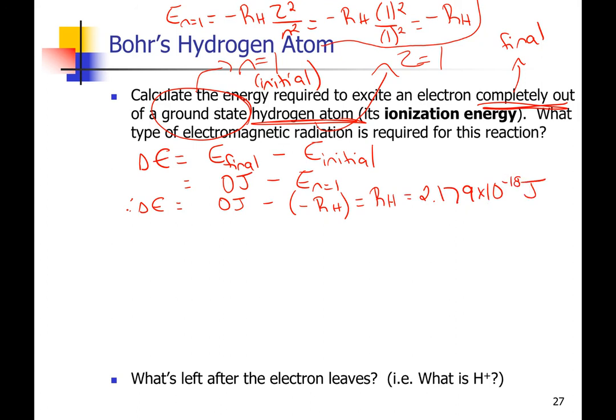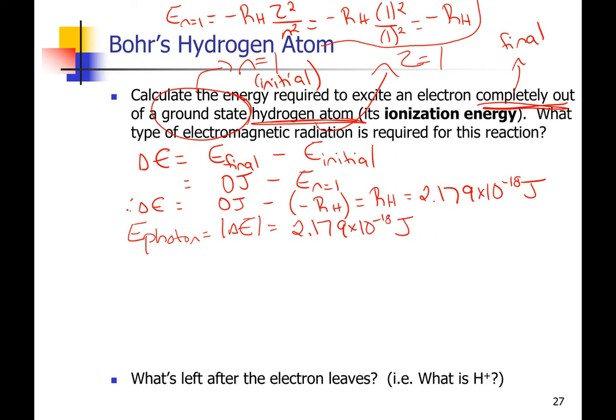This is an absorption. That's why it's got a positive energy change. However, for the sake of completeness, I would say that the energy of the photon is equal to the absolute value of the energy change, which of course here is equal to 2.179 times 10 to the minus 18 joules.